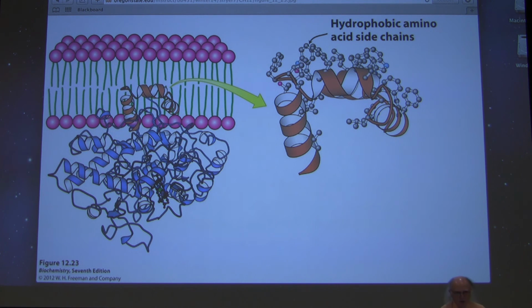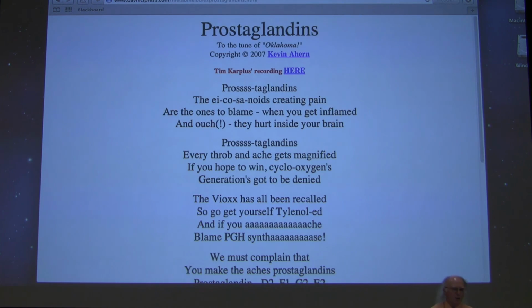It's to the tune of an old song called Oklahoma, and it's called Prostaglandins. Prostaglandins, the eicosanoids creating pain, are the ones to blame when you get inflamed and ouch, they hurt inside your brain. Prostaglandins, every throb and ache gets magnified.